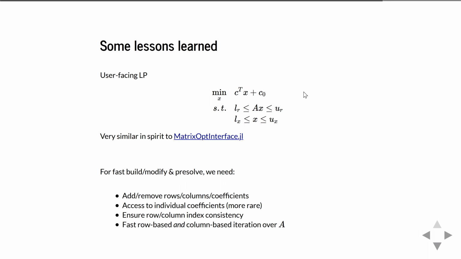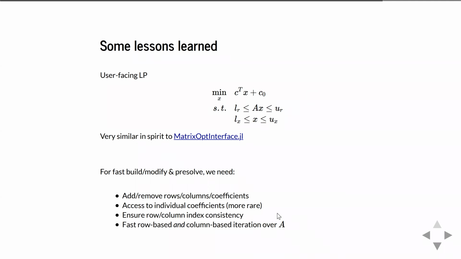You need to ensure that the indices of the rows and columns remain consistent. Meaning when you remove the first variable, all the variables should be shifted by -1. And when you remove a variable in the middle of your problem, you need to ensure that everything afterwards remains consistent. That needs to be addressed during development, and it's more or less easy depending on the data structure you have.